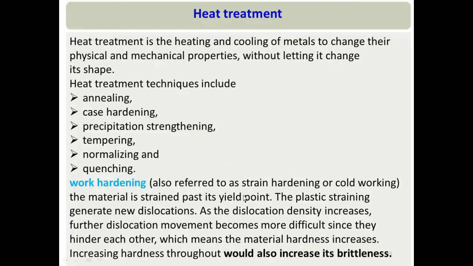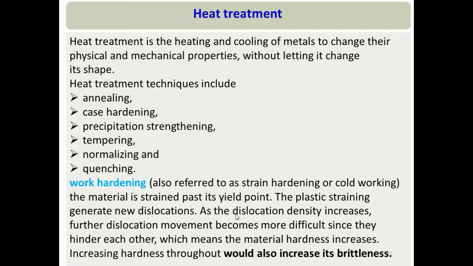Another way by which we can change mechanical properties is called work hardening or cold hardening, where we do not need to go to very high temperature. Here what we do is strain a material below its yield point, and because of this plastic straining, it creates new dislocations. When dislocation density increases, dislocation movement is hindered.